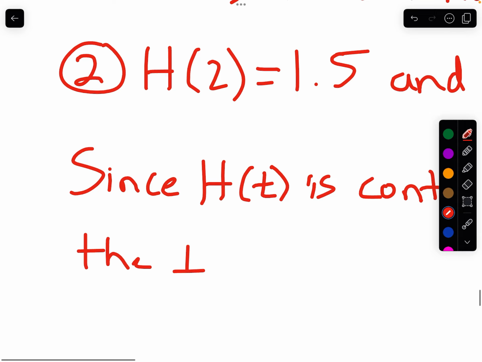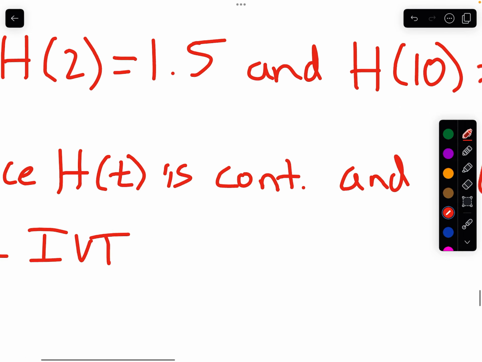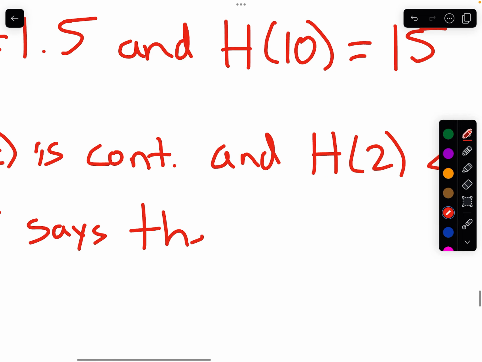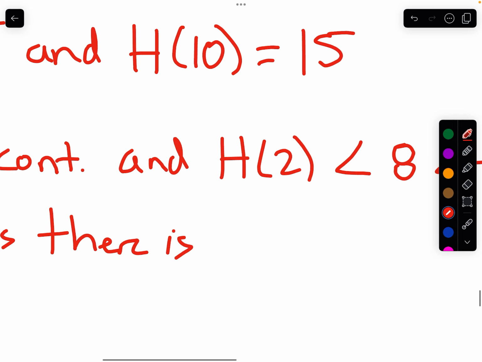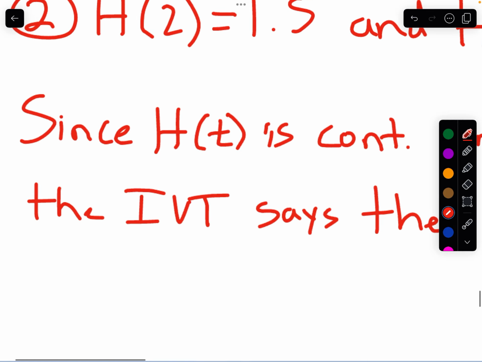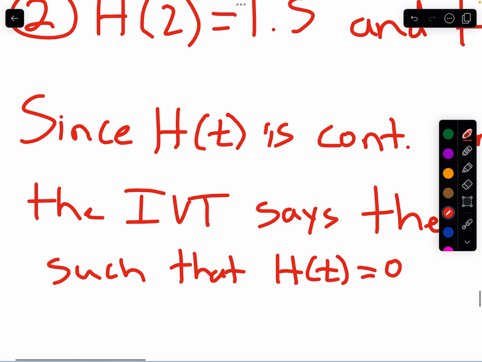Since all of that happens, we can say the IVT, and I'm going to abbreviate that, says, and now I'm basically going to copy and paste what the question says. There is a time t, excuse my handwriting, on the interval from 2 to 10, such that h of t equals 8.